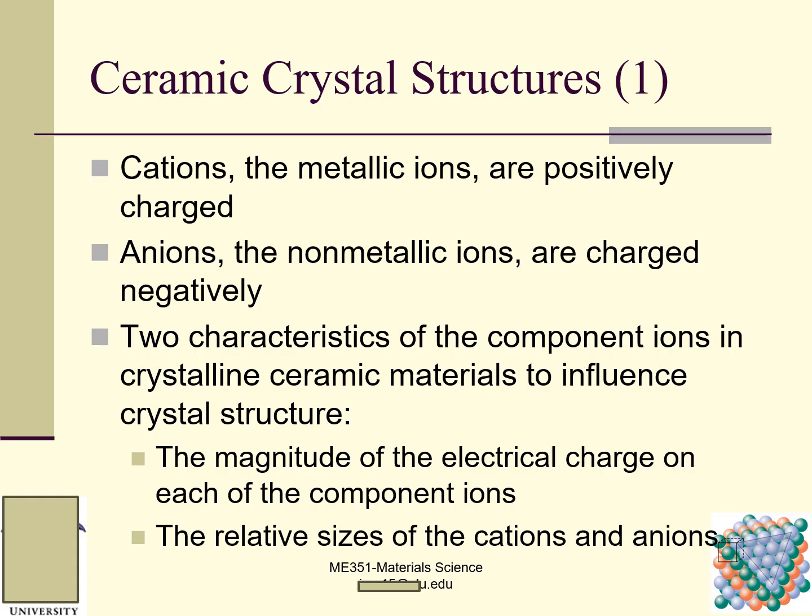These two characteristics of the component ions in crystalline ceramic materials influence crystal structure. The first one is the magnitude of the electrical charge on each of the component ions. The second is the relative sizes of the cations and anions.